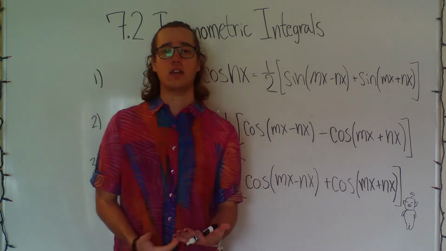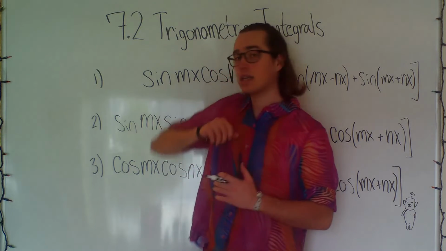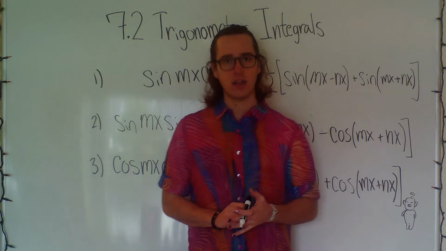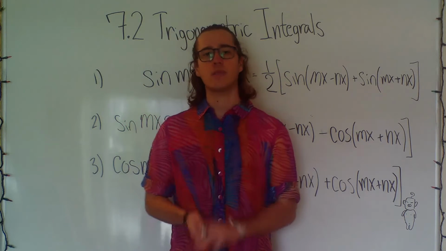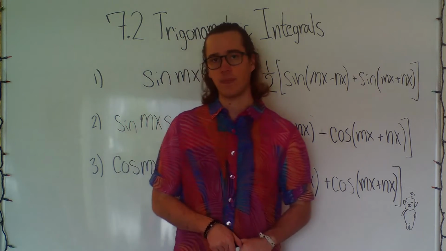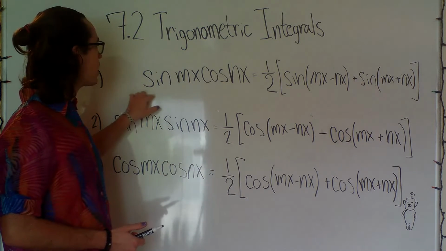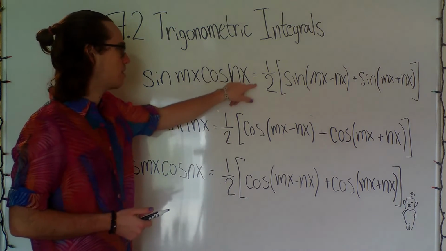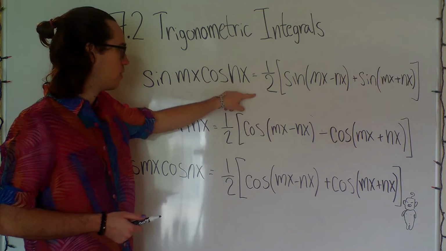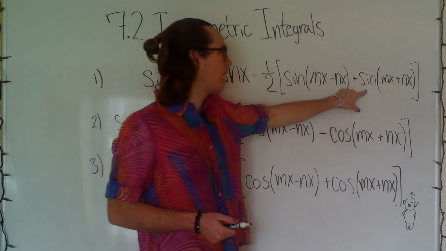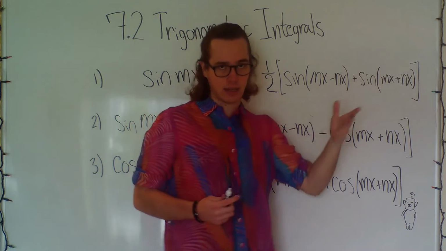Well, if we had the integral for, let's say, sine of 5x times cosine of 3x, we would not be able to do a solid u substitution. But we have these identities. Well, we have this sine mx times cosine nx is going to be equal to 1/2 sine of mx minus nx plus sine of mx plus nx.